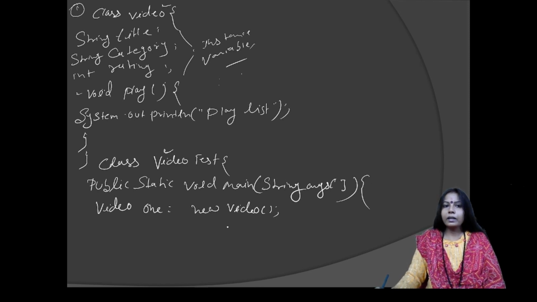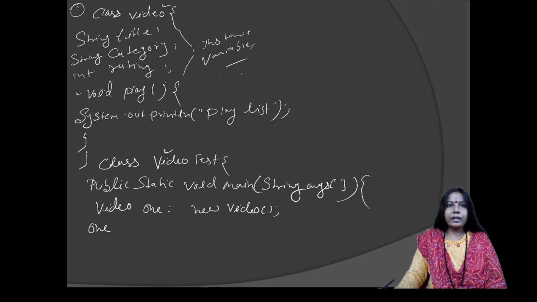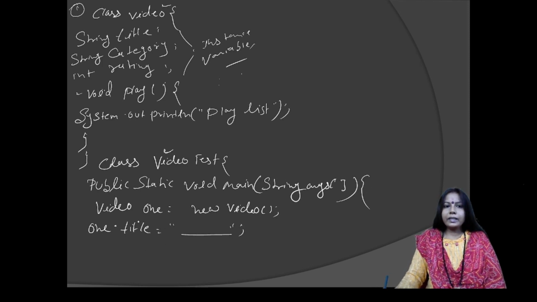Now by this object, we can call any instance variable according to our requirement, and we can also set the content regarding variable. So here I'm going to call the first one, title, and you may write something regarding title.